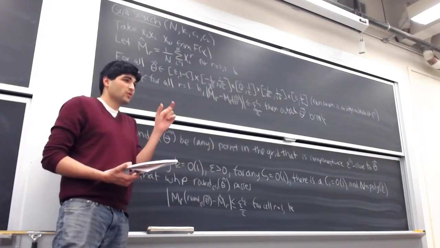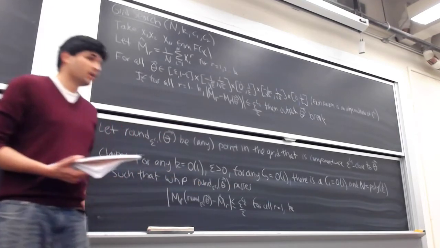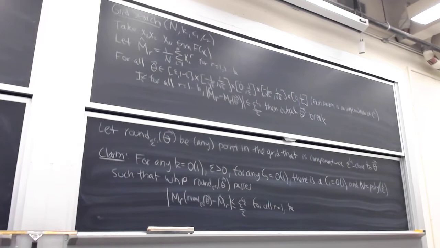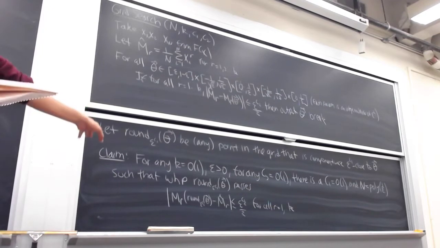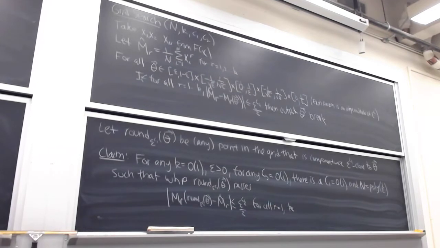Because otherwise, if you chose too coarse a gridding, then you might not be able to pass this test. So this is the easy part. This is oftentimes called completeness, just that the setting of parameters that we're interested in, the natural rounding of theta to a grid point, actually does pass the test.